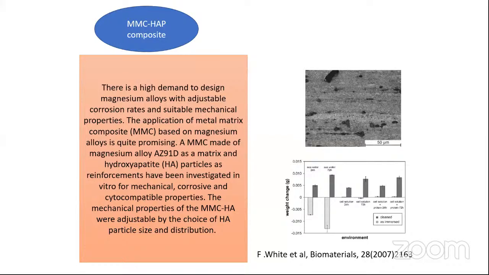And these mechanical properties of MMC hydroxyapatite were adjustable by choice of hydroxyapatite particle size. So this has a large number of applications. And the author White and his colleagues reported the application in 2007.